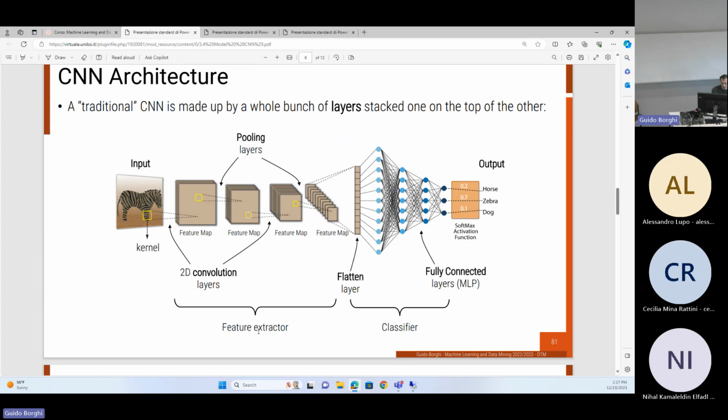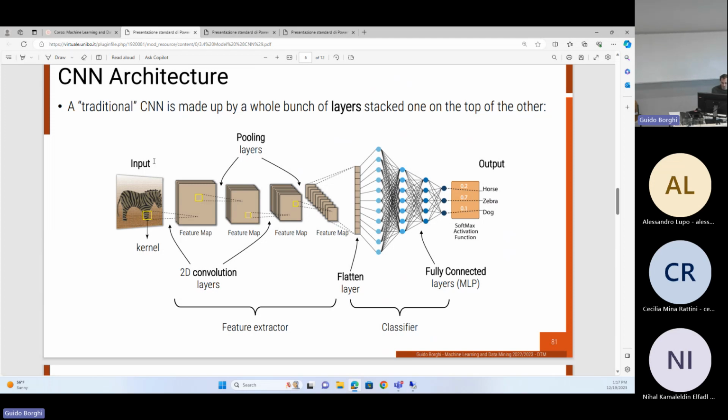After this feature extraction part, we have the flattened layer to pass from 3D information to 1D information. And then we have the classification part of the network, called the multi-layer perceptron, that we have seen in the previous lesson, which we can use to create the classification starting from the extracted features.